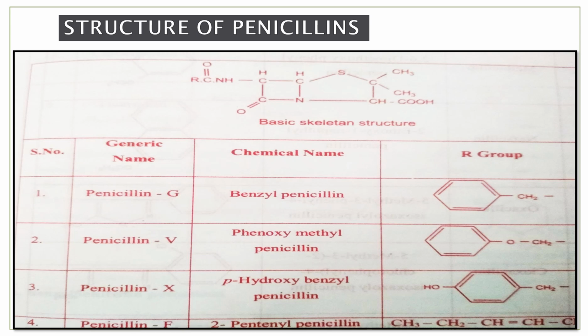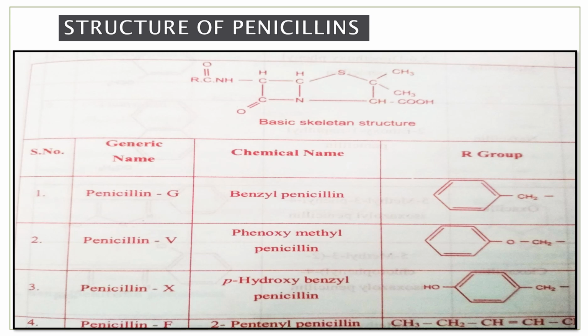Then second one, penicillin V. Chemical name is phenoxymethyl penicillin and the R group is the phenoxymethyl group. What is the phenoxymethyl group? C6H5OCH2. So C6H5OCH2 is attached to CONH, which is attached to the beta-lactam nucleus.